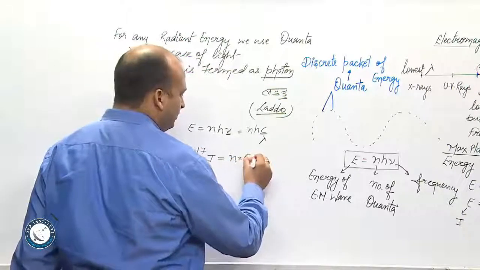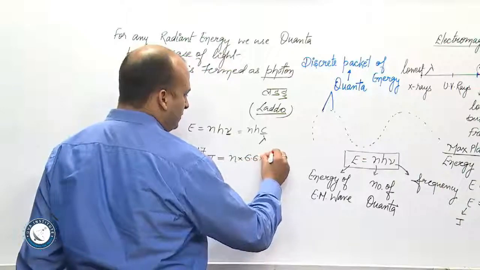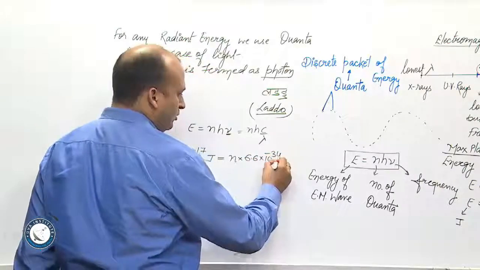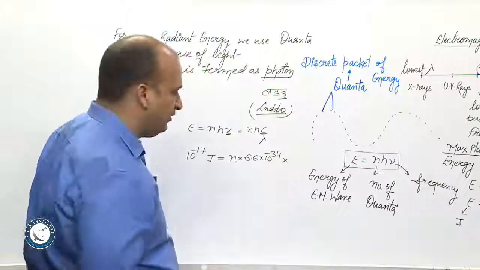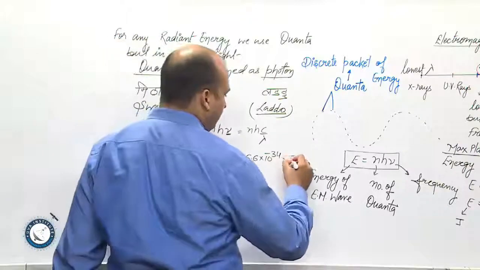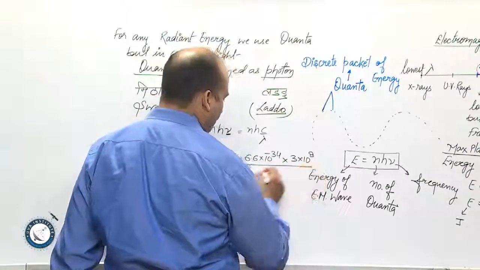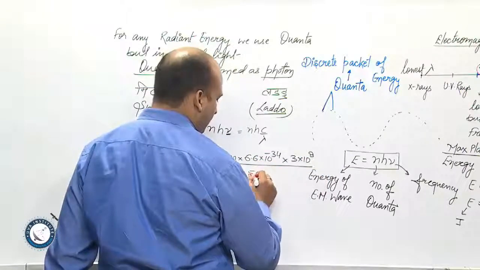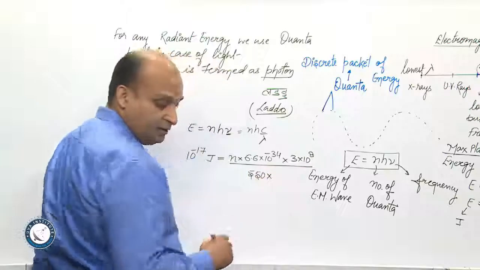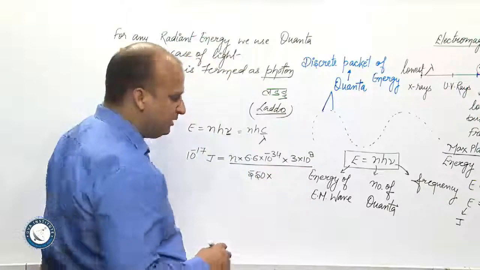h is 6.6 into 10 raised to power minus 34, and we are given the wavelength 555. So this will be 3 into 10 raised to power 8 upon 550. Nanometers is 10 raised to power minus 9.